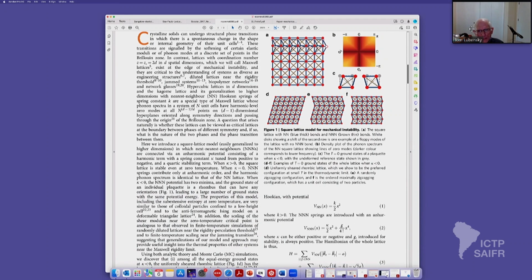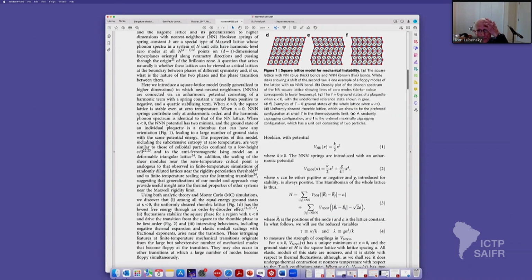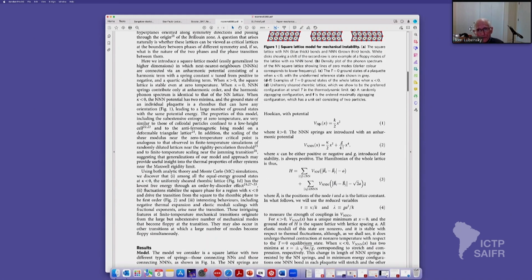So what we did is to look at a model where I have a nearest neighbor potential energy that goes like x squared, and a next nearest neighbor one that has a kappa in front of the x squared, and it gets stabilized with a g to the fourth.